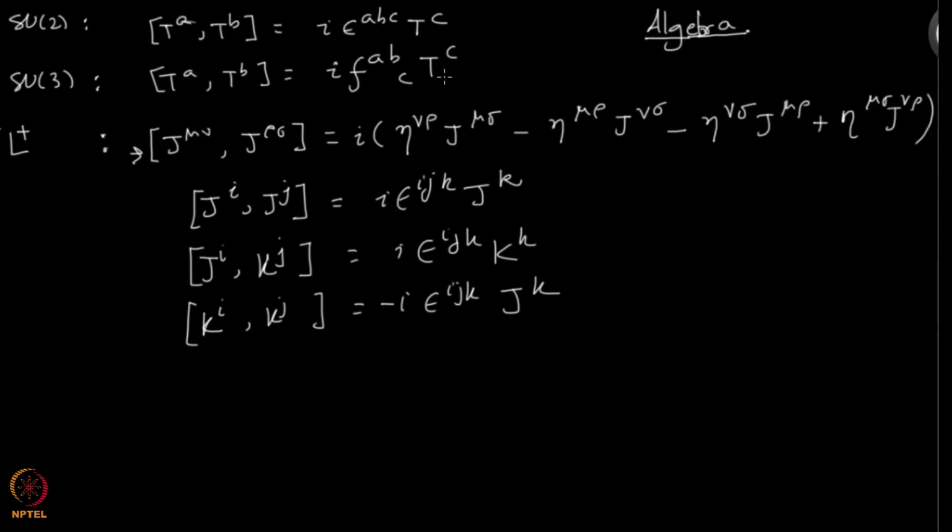And note that I put the second index down here because this behaves differently compared to these two. So, on the left hand side, this object is antisymmetric under interchange of A and B indices, because if you put T_B followed by T_A here, that is just the negative of the T_A T_B commutator.